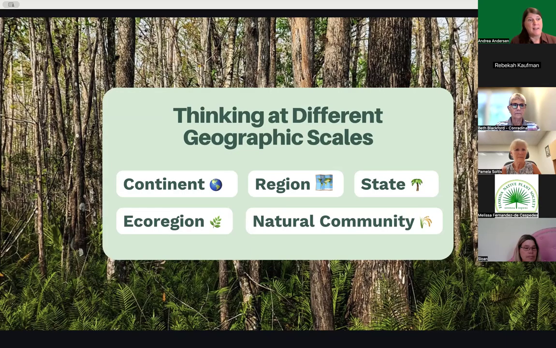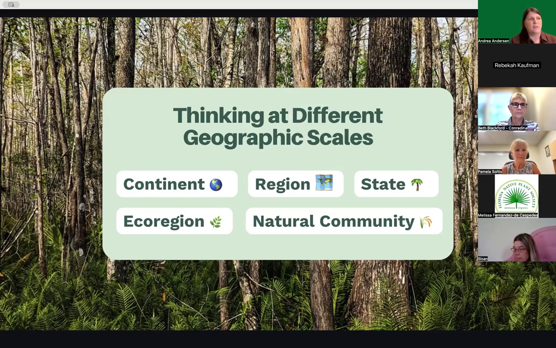For example, my yard is pretty much sand scrub habitat, so a plant from my yard would rarely occur, I don't think it could occur, in wetlands, even though both of those habitats exist within Florida. So that's very important.